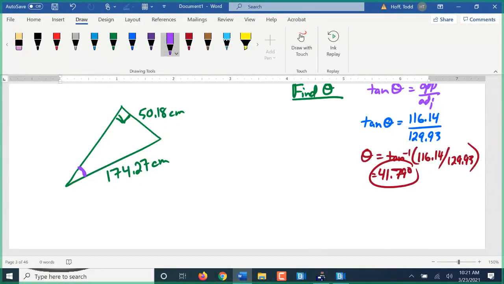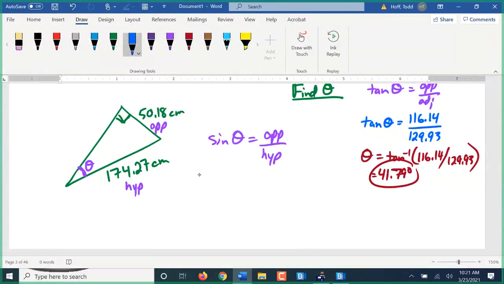To find that angle, the 50.18 is the opposite side. The 174.27 is the hypotenuse. Sine is the function that deals with the opposite side and the hypotenuse. Of course, cosecant also deals with them, but that's a little more difficult to calculate on our calculator.